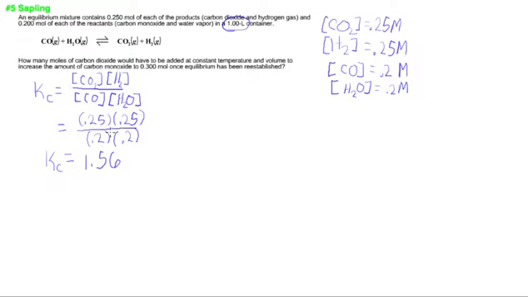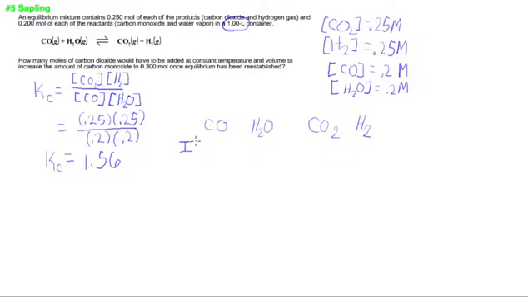Basically, I want to set up an ICE table. So I'm going to list CO, H2O, CO2 and H2. Okay.